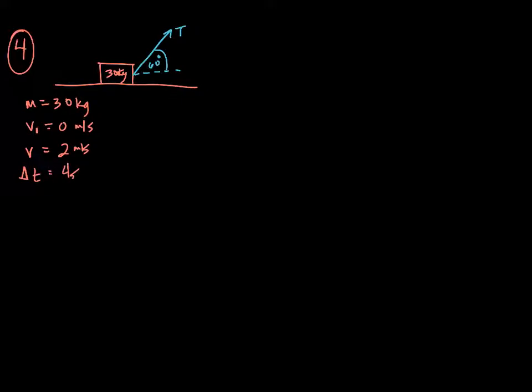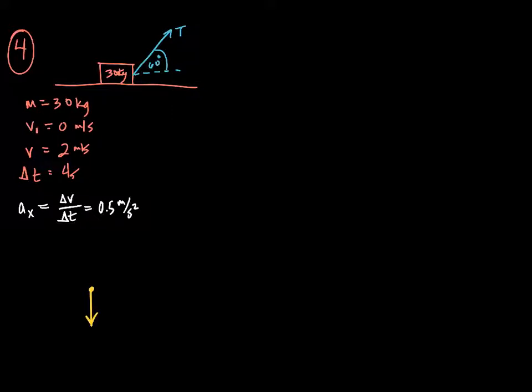So this would mean that the acceleration in the x direction is just going to be change in speed over change in time, or 0.5 meters per second squared. So that's what we can get from the overall situation. I'm going to go straight to the force diagram.